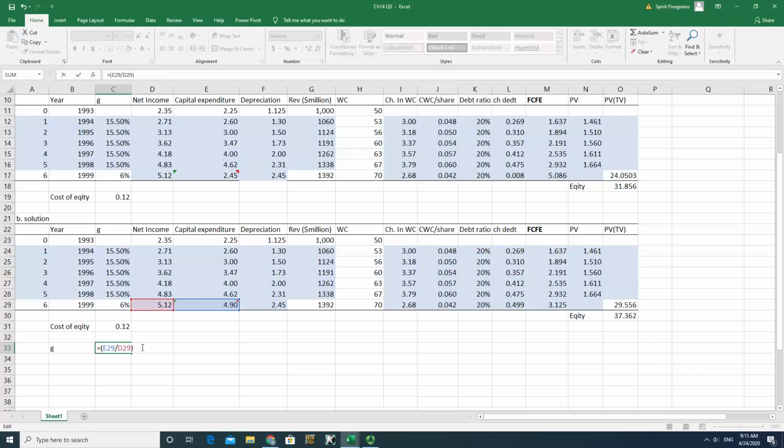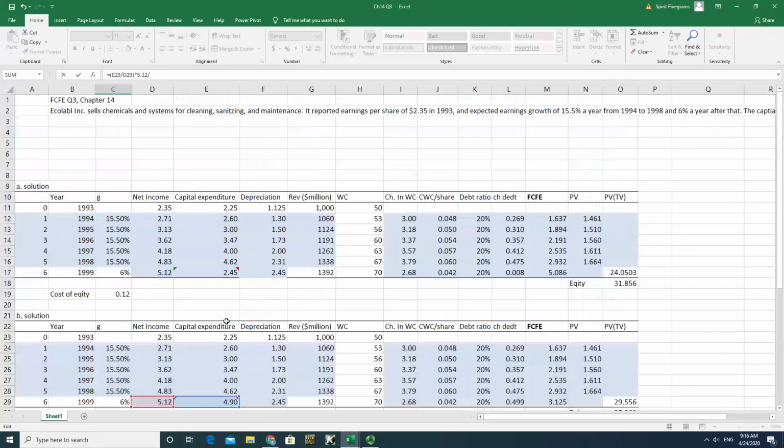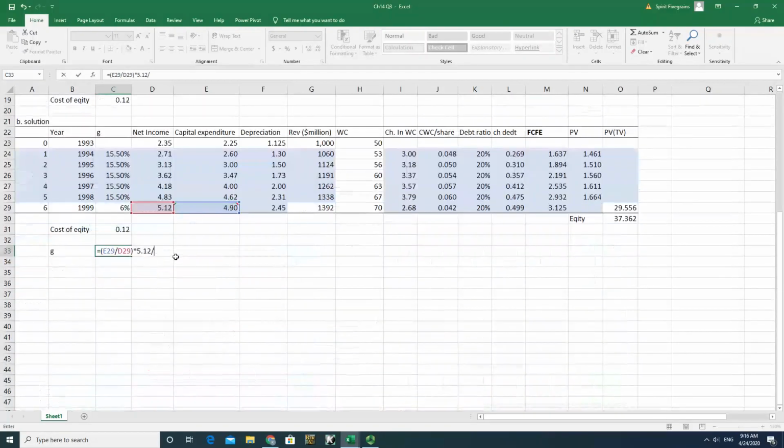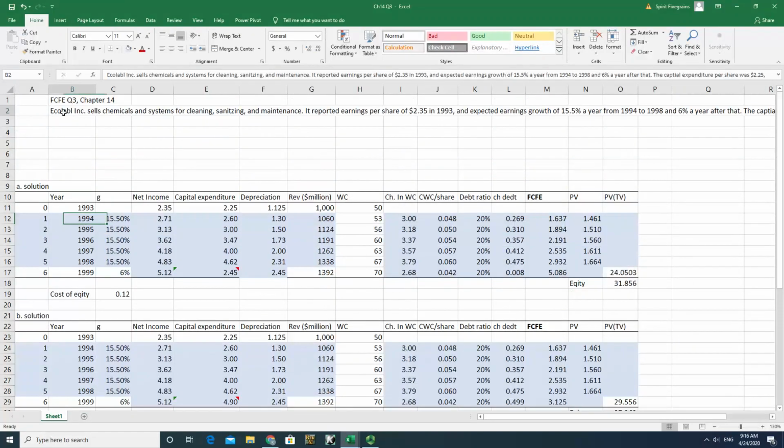ROE equals net income, 5.12, divided by total equity. Do you have a total equity number in this case? Is there any number for total equity?